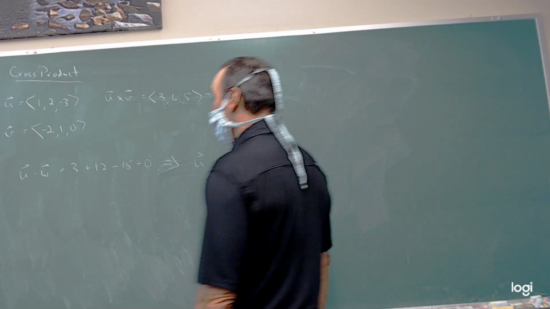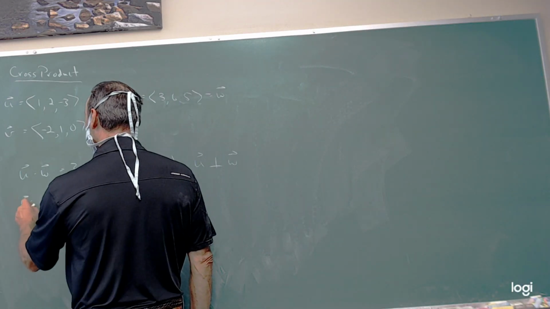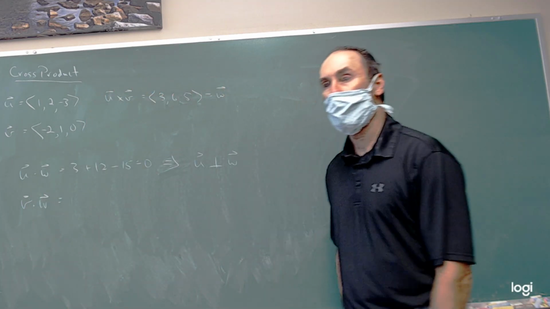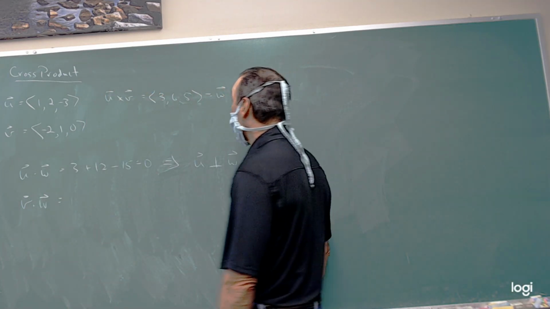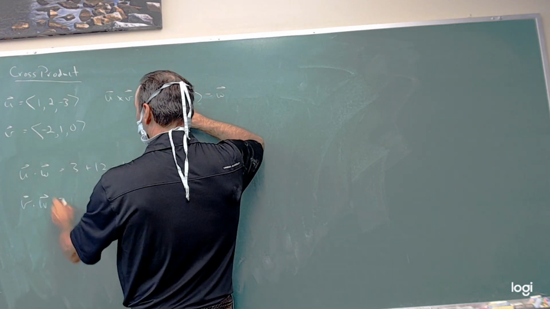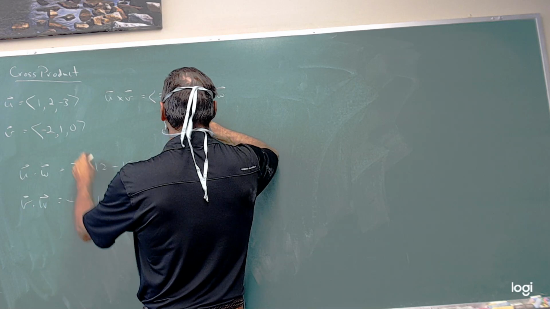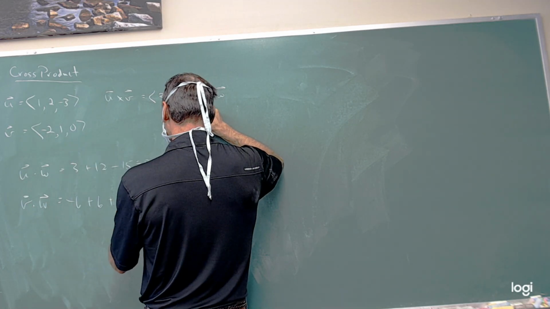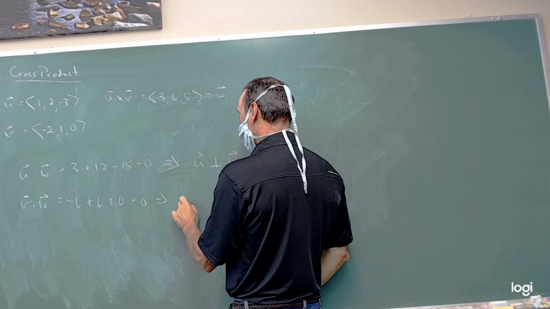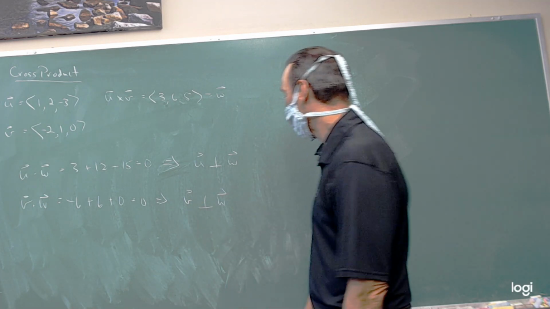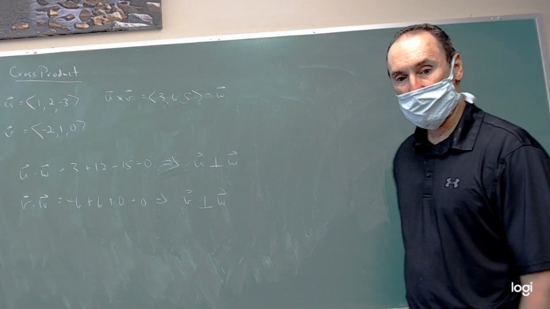And if we take the dot product of v with our cross product vector w, we're going to get -6 plus 6 plus 0, which is also 0. And so we can see that our vector v is also perpendicular to that cross product vector.